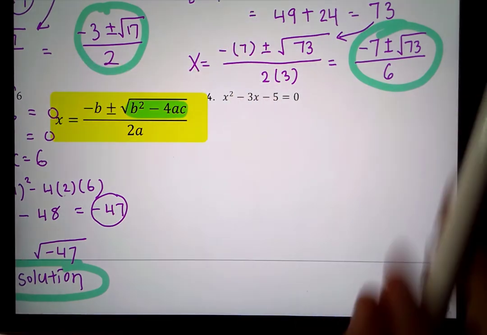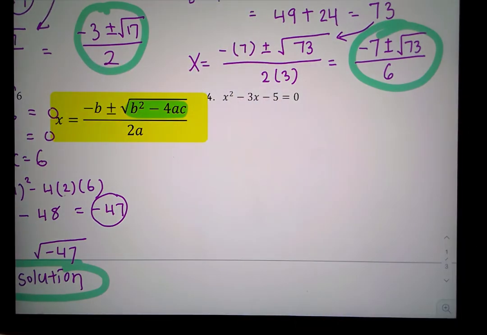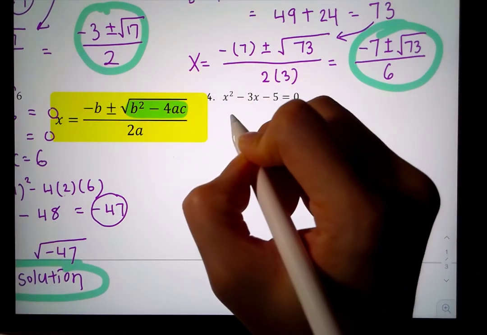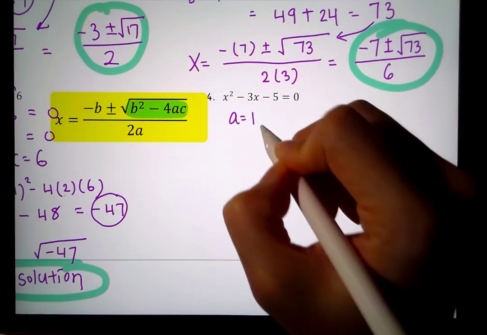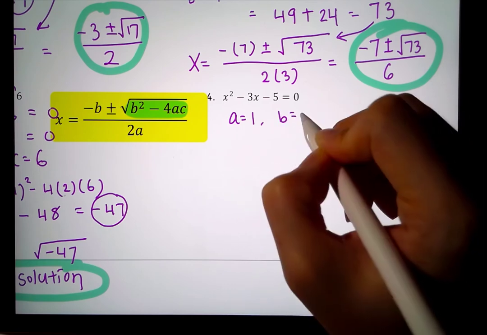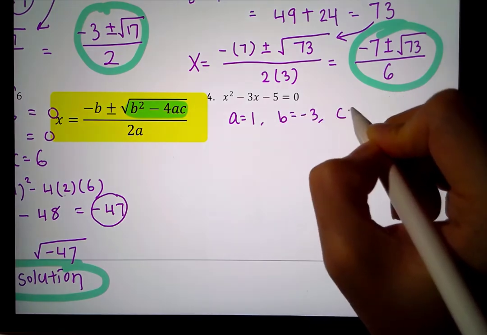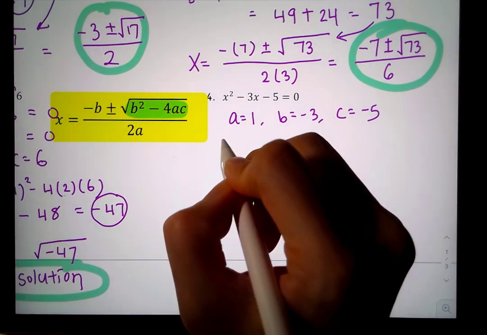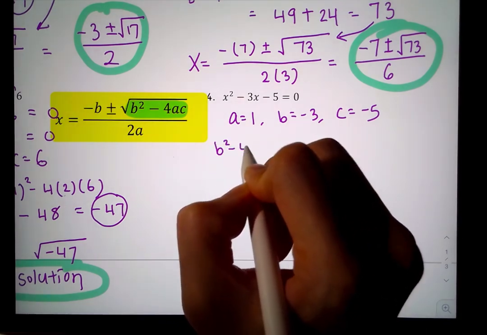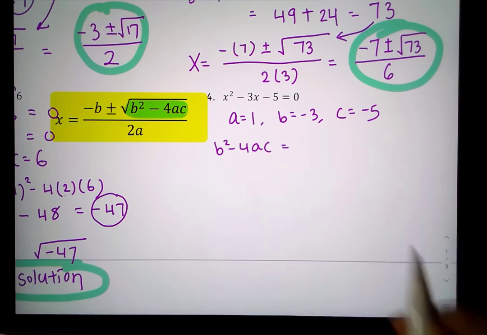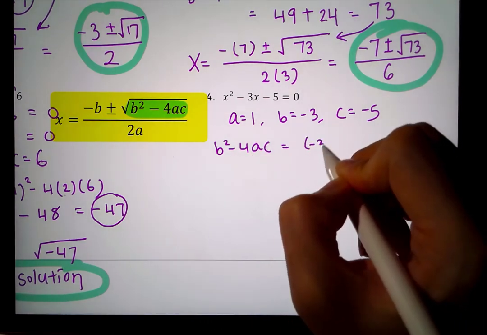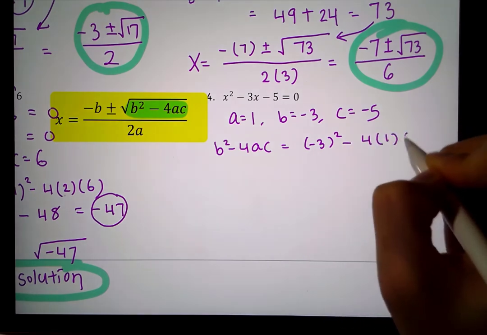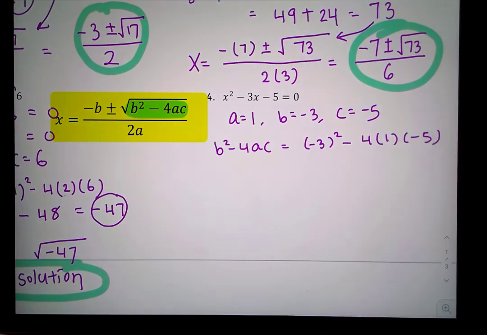And the last one, number 4. Number 4. It's the same thing, guys. This is pretty. It's already arranged, right? So my a is 1, my b is negative 3, my c is negative 5, right? And we do b squared minus 4ac. Then that is negative 3 squared minus 4ac, right?